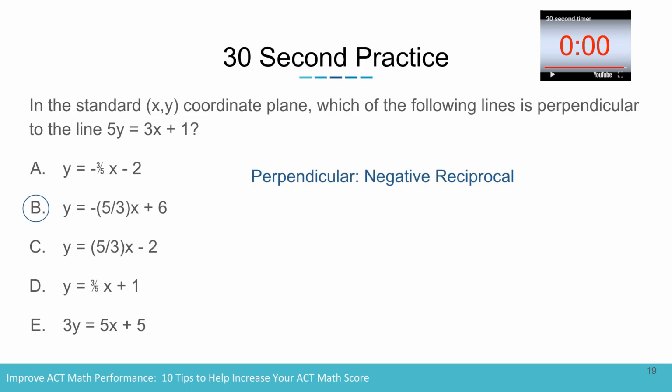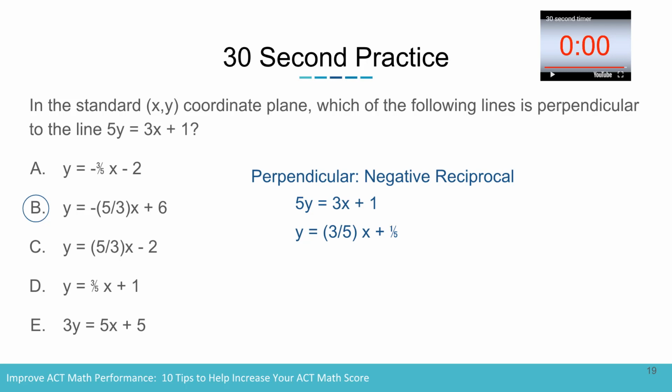So what we're going to look at, remember, perpendicular lines, their slopes are negative reciprocals. So we've got to look at this format. We've got the line 5y equals 3x plus 1. If you'll remember, to get your line in the slope-intercept form, which is y equals mx plus b, m is your slope. To do that, we need to divide through by 5 because we want y on the left-hand side.